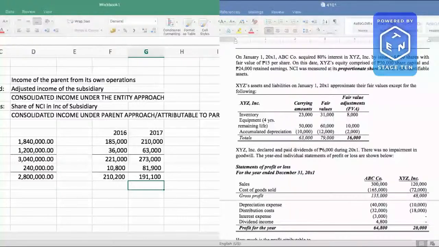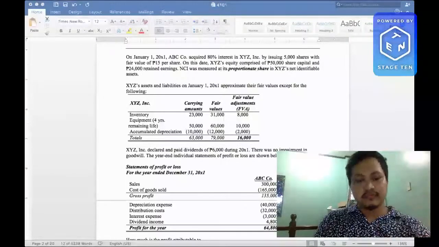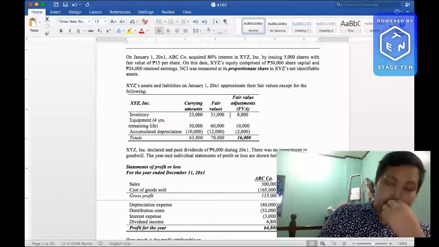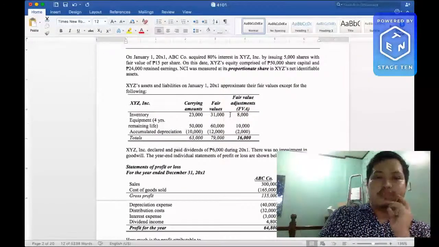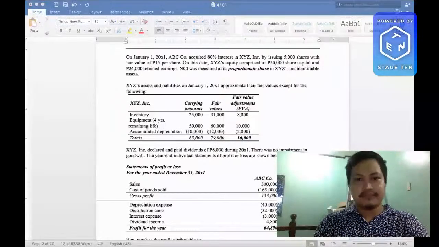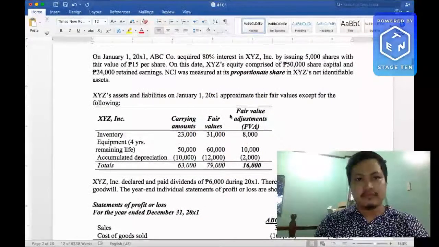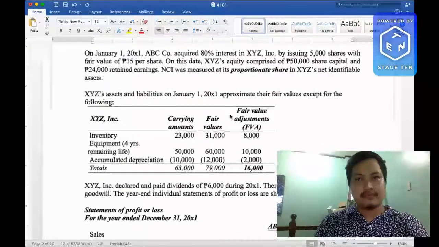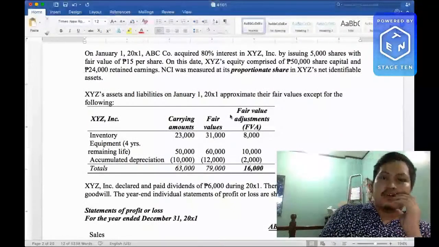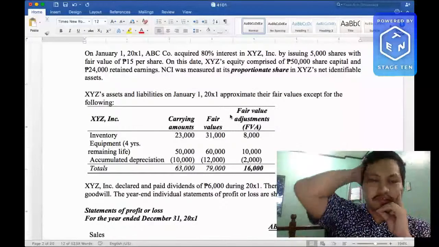Okay, so we'll have this one. On January 1, 2001, ABC Company acquired 80% interest in XYZ Incorporated by issuing 5,000 shares with fair value of 15,000 per share.